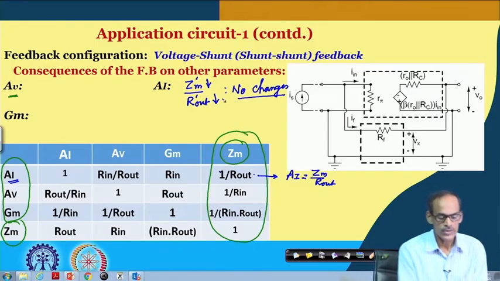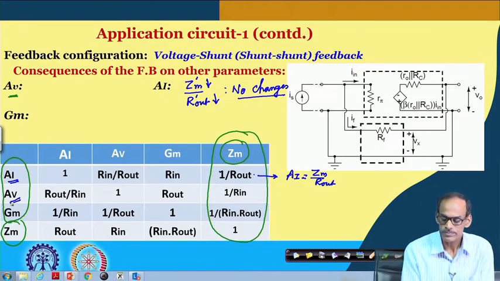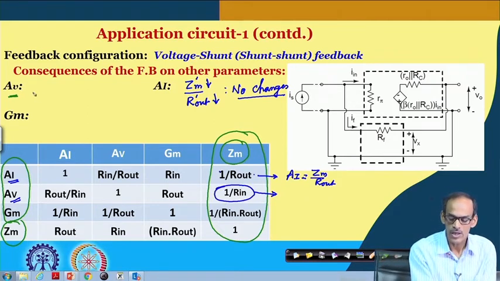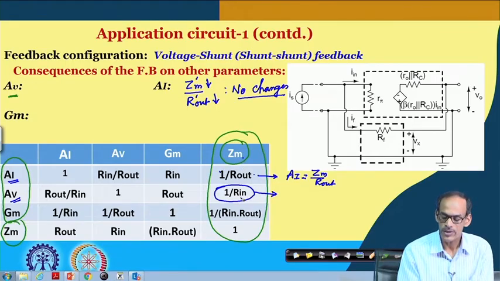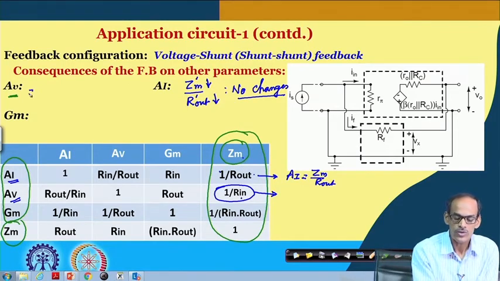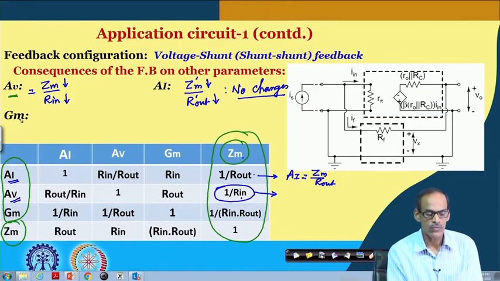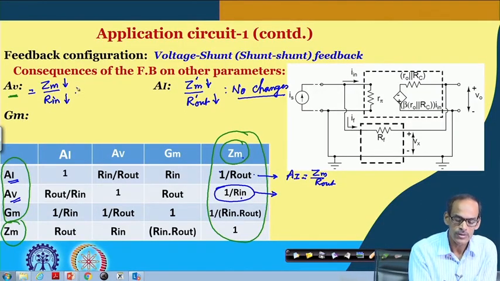Likewise, if I consider the voltage gain, its expression can be obtained from this entity: voltage gain is Zm divided by R in. Both Zm and R in are dropping by the same factor, and hence no changes.